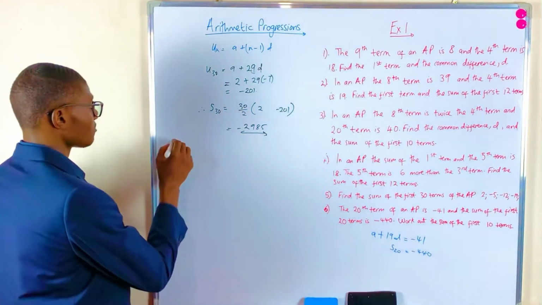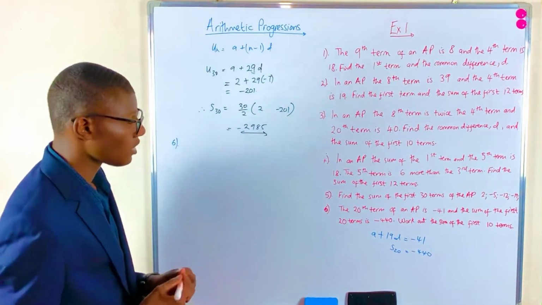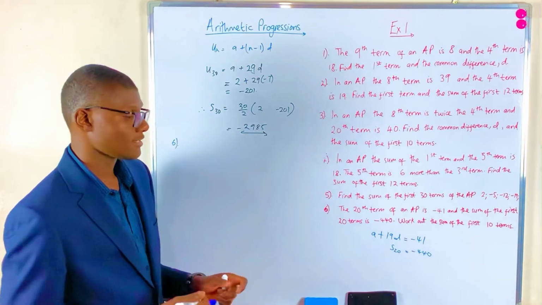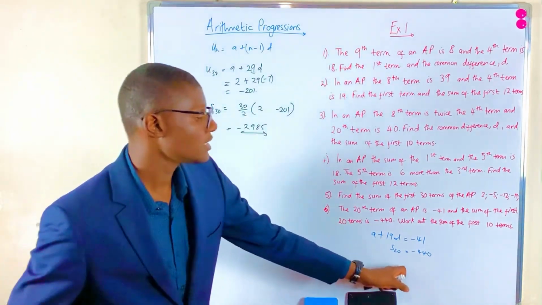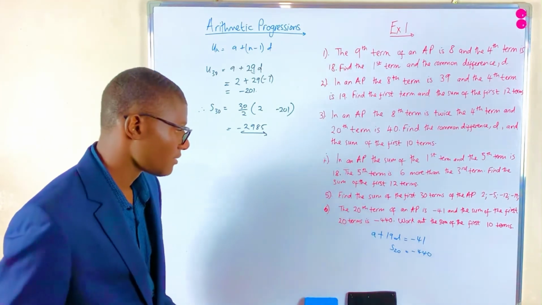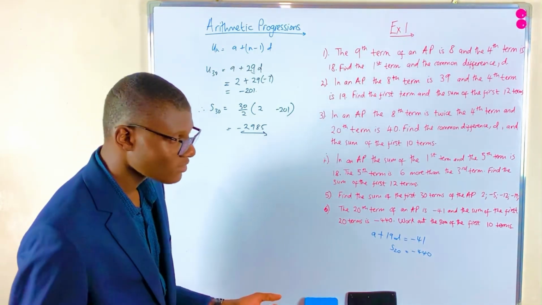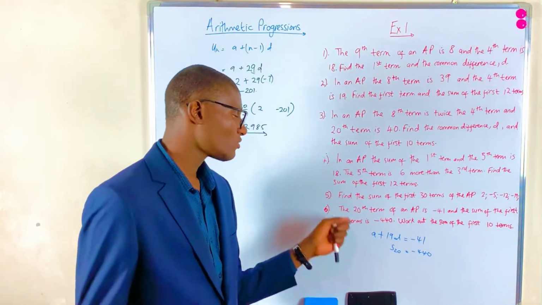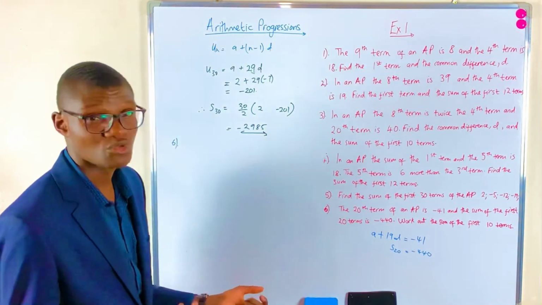Now for number 6, what are we saying there? Sum of the first 20 terms is this, but we also know the 20th term, right? So now this becomes very easy. We know the 20th term, we know the sum of the first 20 terms.